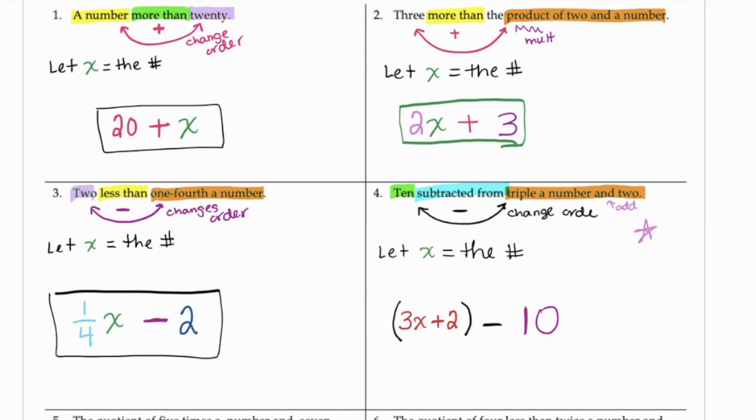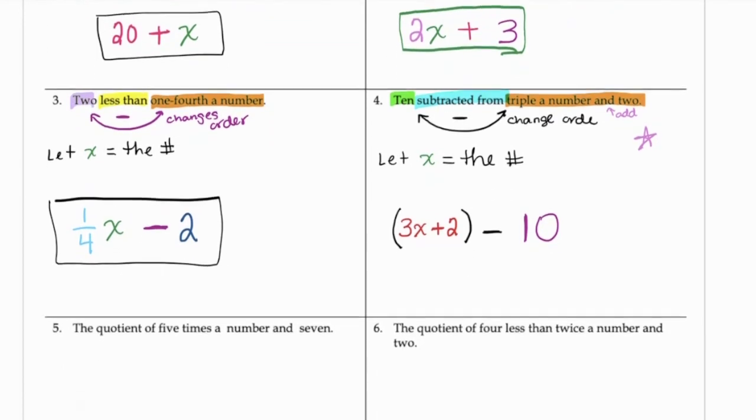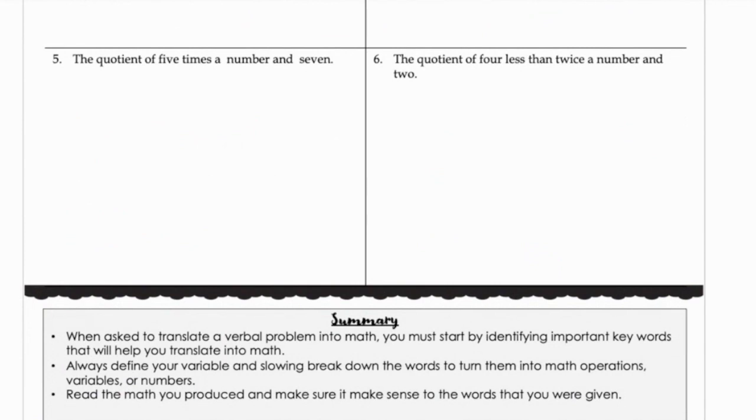Let's take a look at our last two. So for number 5, the quotient of 5 times a number and 7. Okay, so I'm going to start again with my let statement. Let x equal our number. The quotient. Whenever you see that word quotient, we are dividing.